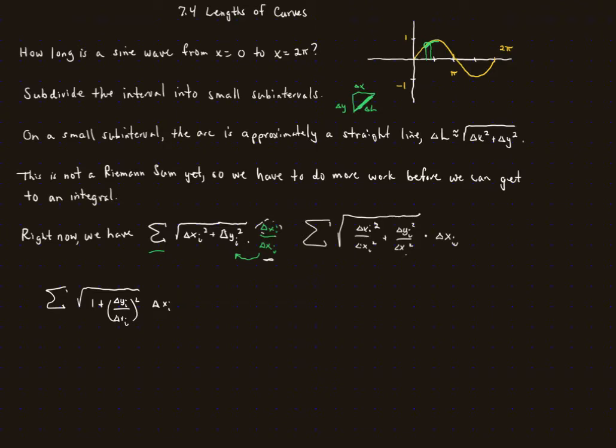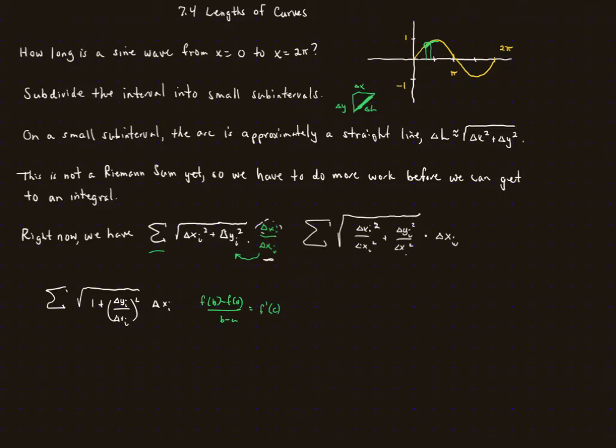So we're going to use the mean value theorem. Remember, the mean value theorem says that for a differentiable function, f of b minus f of a over b minus a is equal to f prime of c for some c in between a and b.